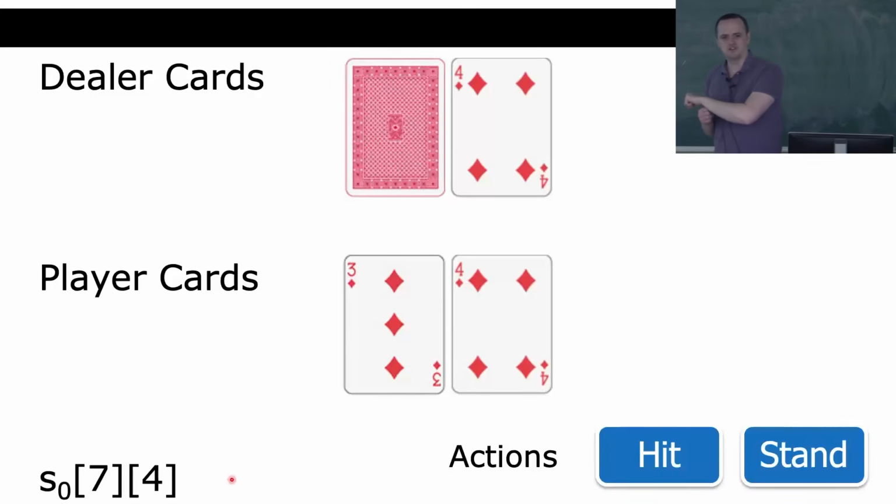Now, we're not going to punch the dealer, right? Hitting just means give me 1 more card. This is just the slang for blackjack. So hit means give me 1 more card, and stand, they also call it stick, means I don't want any more cards. And if you take the action stand or stick, then you can't get any more cards for that hand, and you're at the whim of whatever happens with the dealer's card.